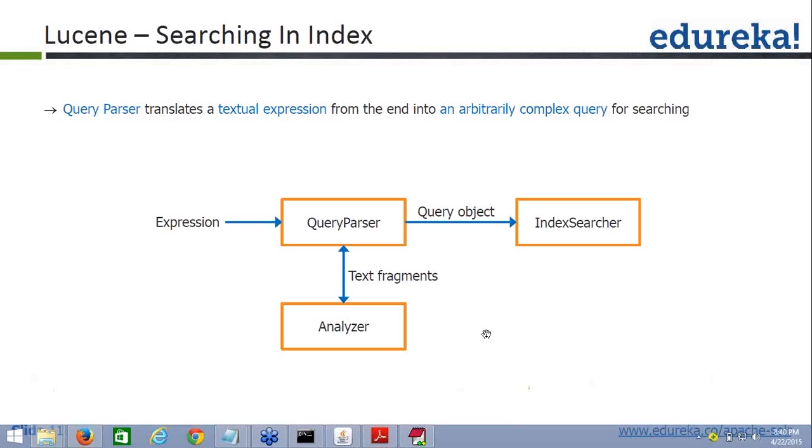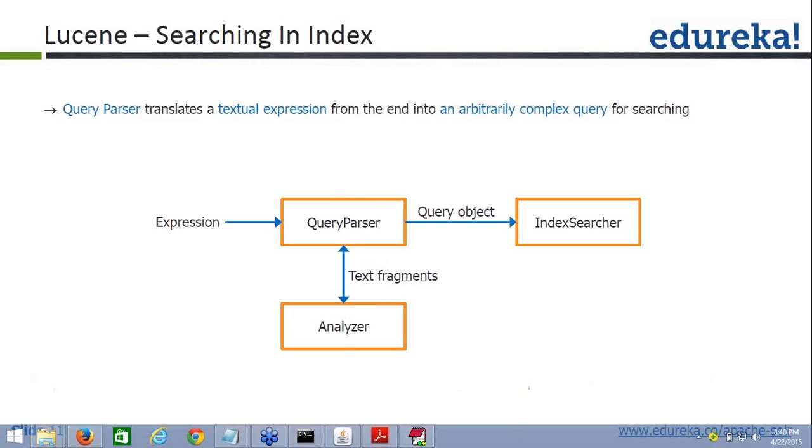Here we have the query parser, which translates your text from the end user into an arbitrarily complex query for searching. The query parser works on a similar concept of analysis. The text is analyzed through the analyzer and broken into text fragments.